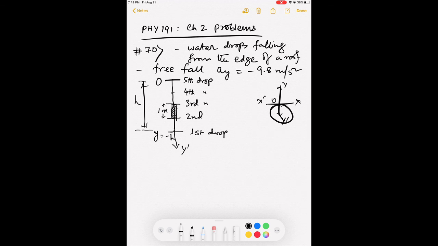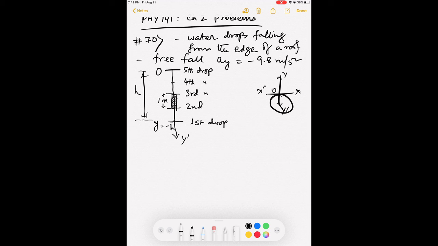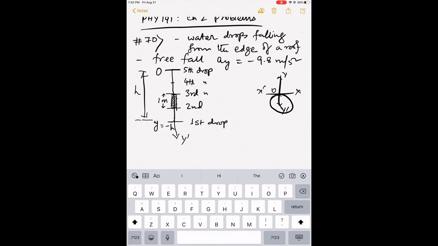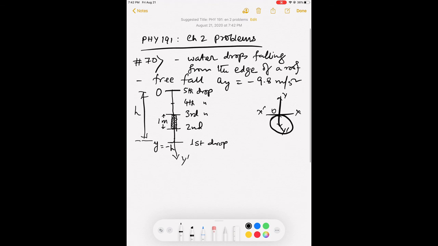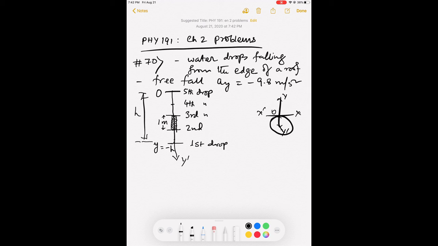This is additional information you will need to solve for all the variables. Now think about the equal time intervals. All these droplets are falling with equal time intervals between themselves.